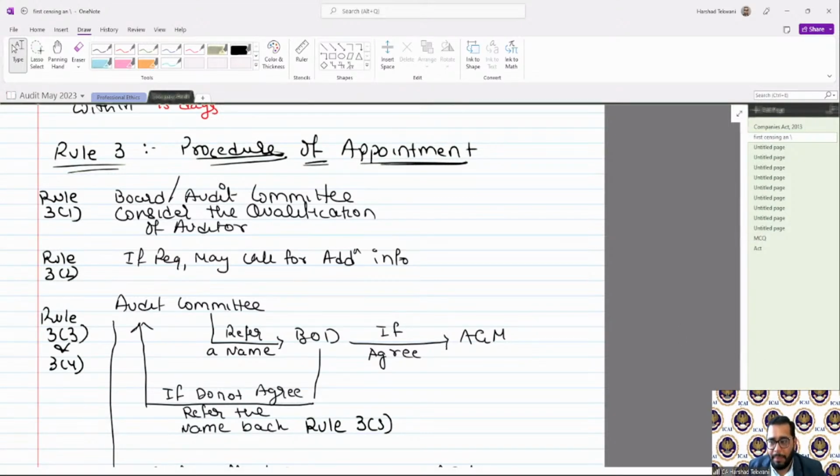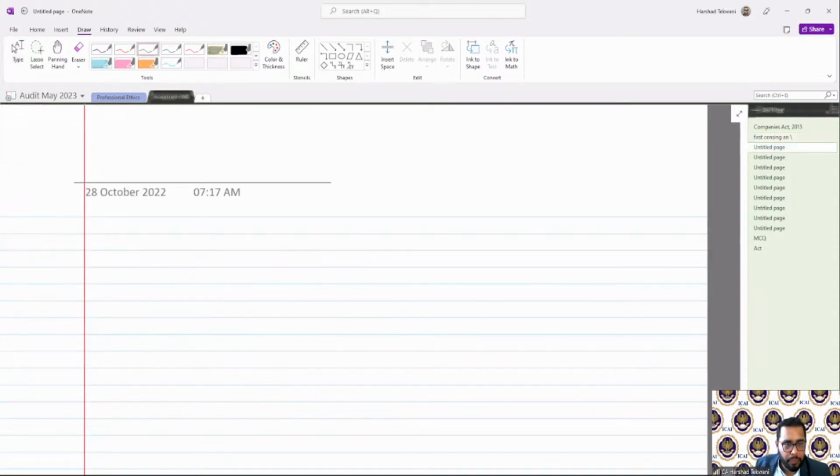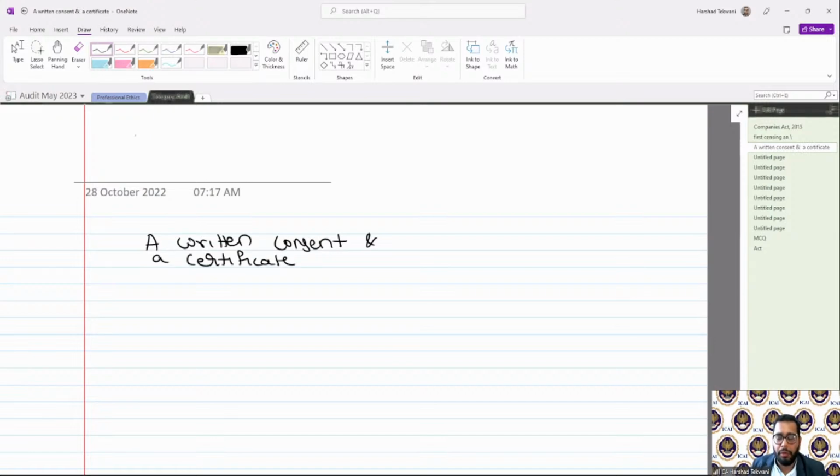Plus, he needs to certify that the criteria of Section 141 are satisfied. So, a written consent and a certificate for the compliance of Rule 5 is required to be obtained from the auditor.